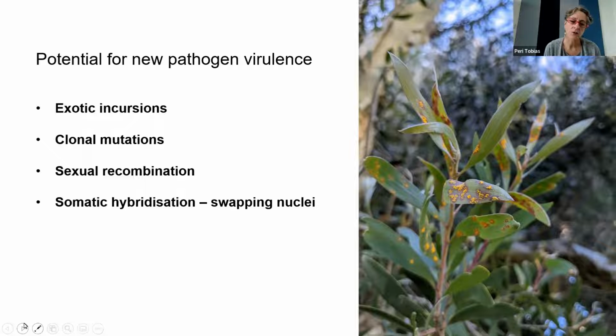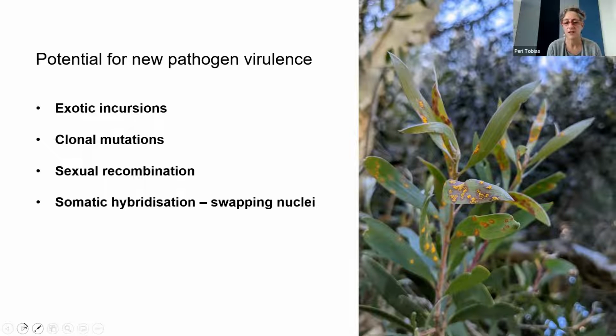So what do we have to be concerned about? Exotic incursions. As I showed you, there are other genotypes in South America, and there's a South African strain, and there may be others. So we need to worry about that. Clonal mutations can occur; the masses of spores being produced will be mutating.